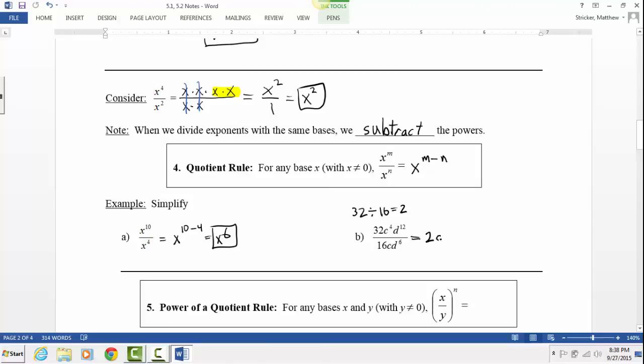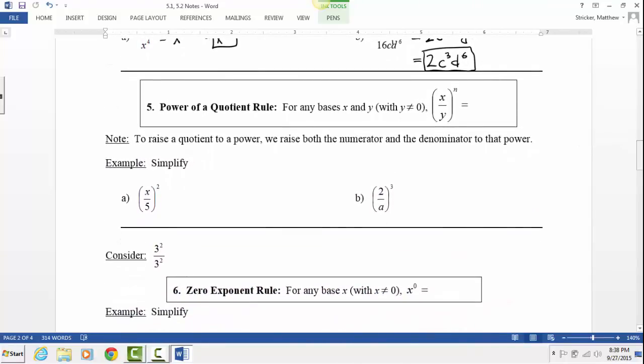And then we have C, we have 4 on the top, minus C to the 1 on the bottom. And D's, we have 12 on the top, minus 6 on the bottom. So simplifying, this is going to be 2, 4 minus 1 is 3, so C to the 3rd power, and D to the 6th power. That's that example.